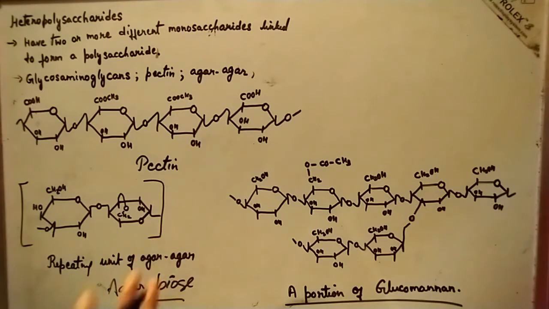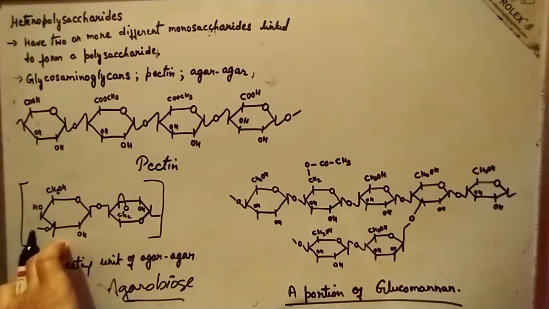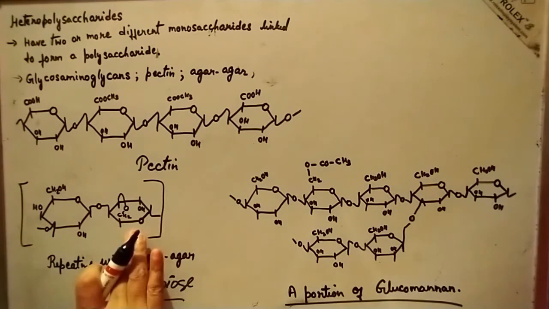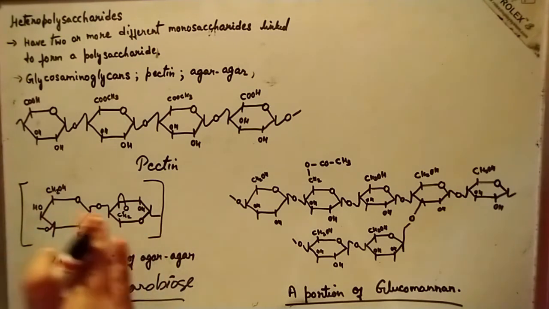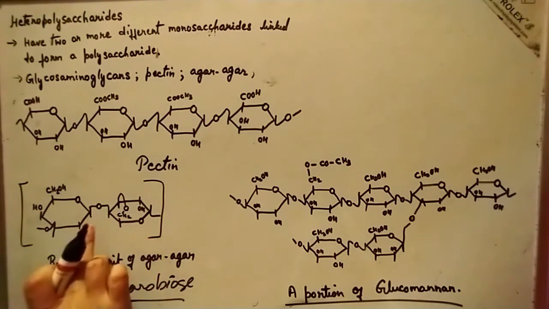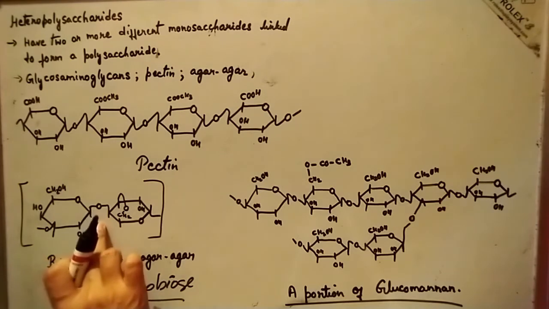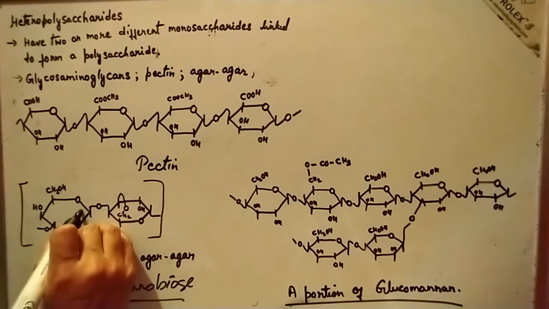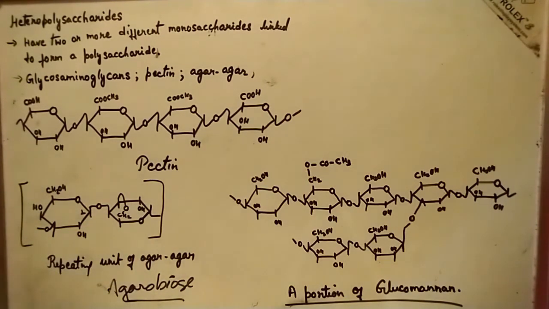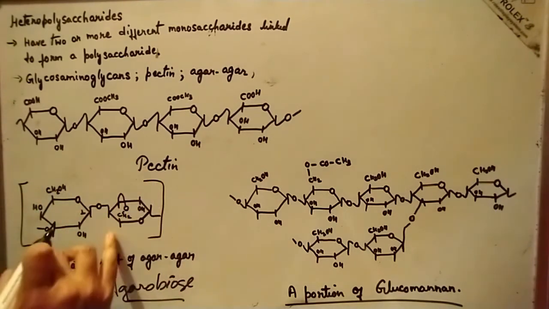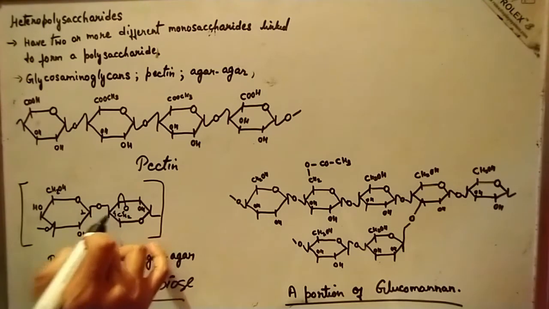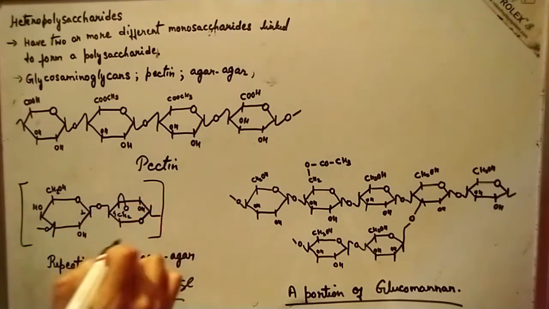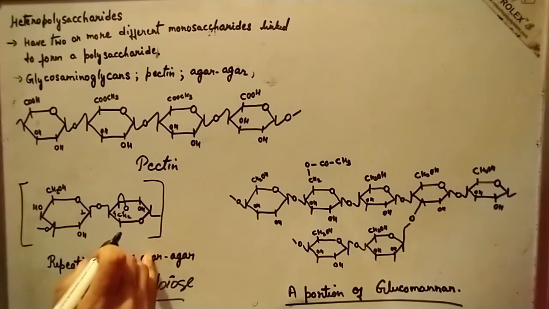So the agarobiose here is composed of beta D galactose and 3,6-anhydro beta L galactose. These two monosaccharides here are linked by a glycosidic bond between the carbon atom number 1 of the beta galactose and the carbon number 4 of 3,6-anhydro beta L galactose.